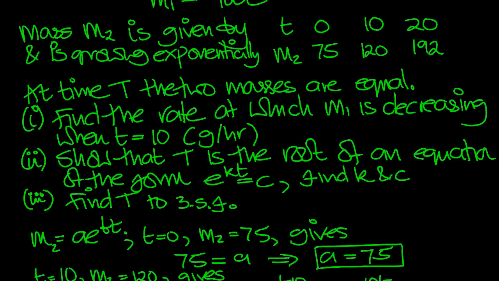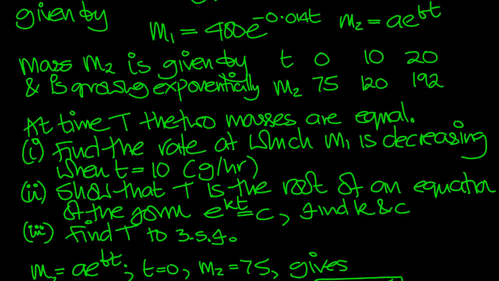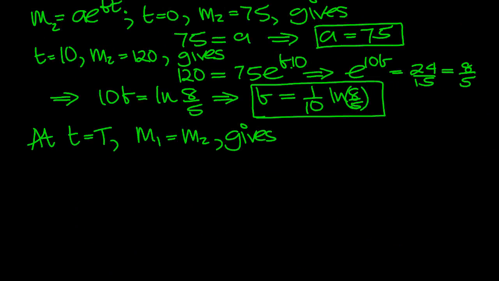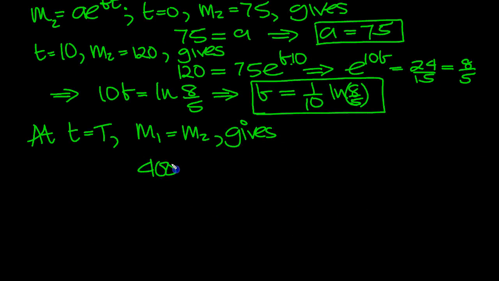So m1 equals m2: m1 is 400 e to the minus 0.014 capital T, which is equal to a e to the bt, a which was 75, e to the b, which is 1/10. So I can move that up to a power, and it's ln of 1.6 to the power 0.1, because that's 1/10.